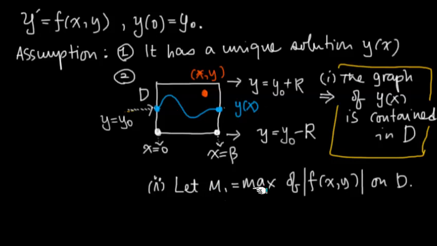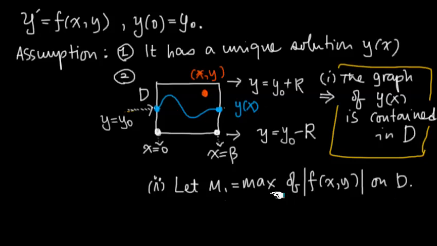The next part is an assumption. This makes this entire proof a little bit weaker, but in part 2 we're going to take care of this limitation. First of all, we have this rectangular box D, and because f of x,y, the usual hypothesis in differential equations, is a continuous function of two variables, by the extreme value theorem, its absolute value must attain a maximum on that rectangular box.